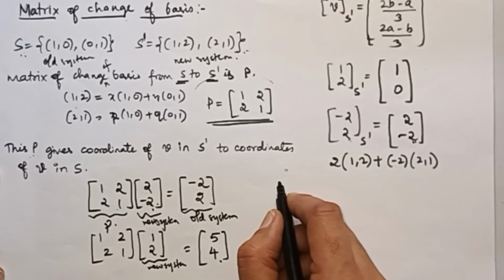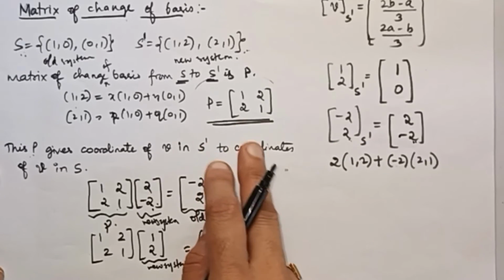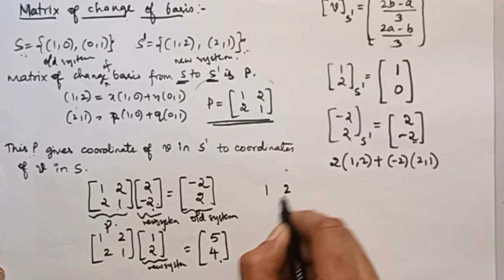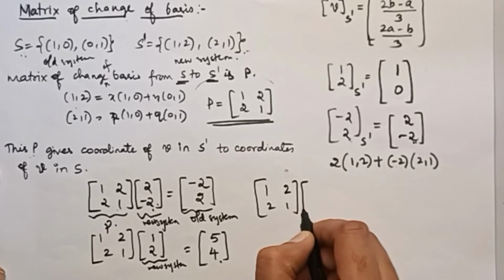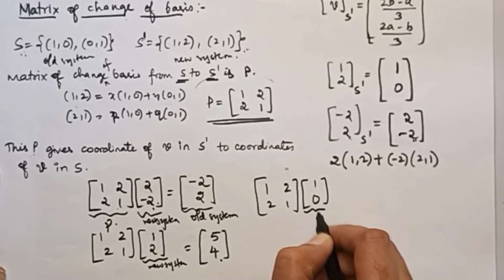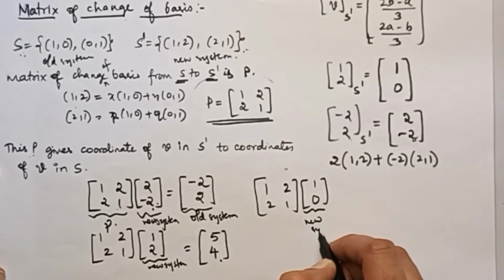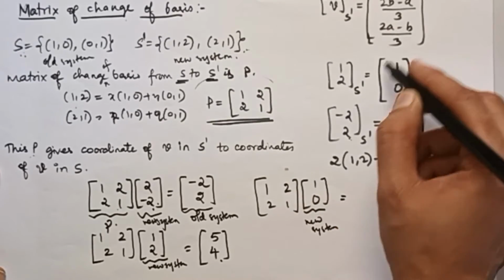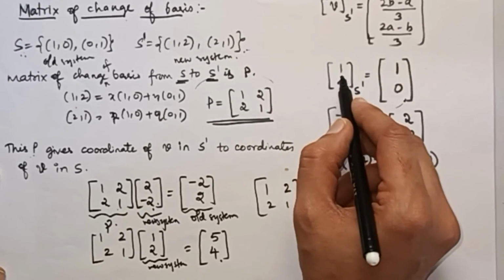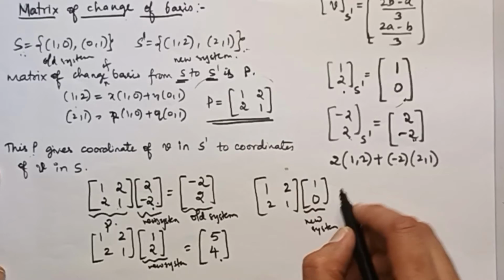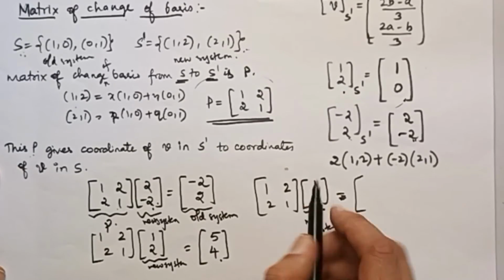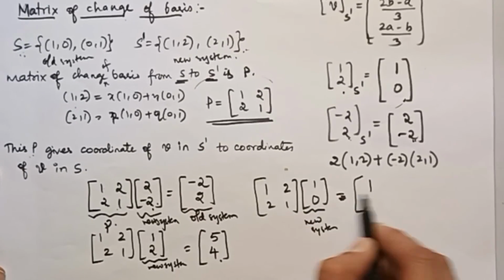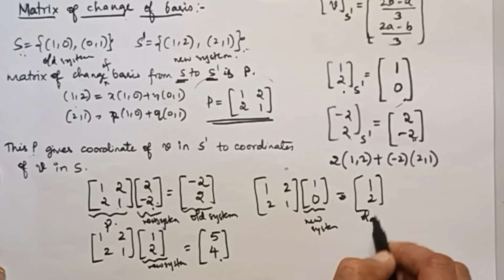Similarly, you know that 1 0 in the new system is called 1 2 in the old system. So I should get 1 2 now. So 1 and 2. See, you are getting the same. This is in the old system.